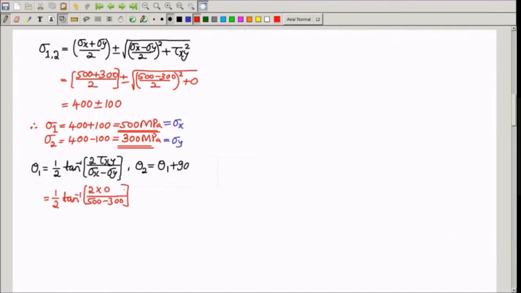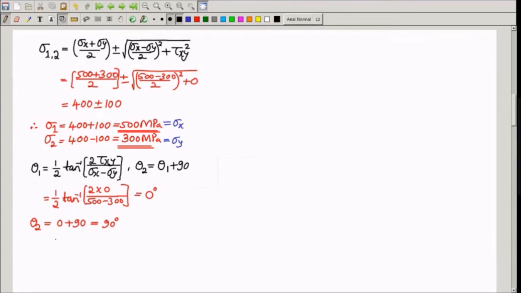So it is in the form of tan inverse 0. Tan inverse 0 is 0. Theta 2 is equal to 0 plus 90, which is 90 degree. Sigma 1 is coincident with sigma x, so it has to be inclined at 0 degree. And sigma 2 is aligned with sigma y, so it is 90 degree to sigma x.